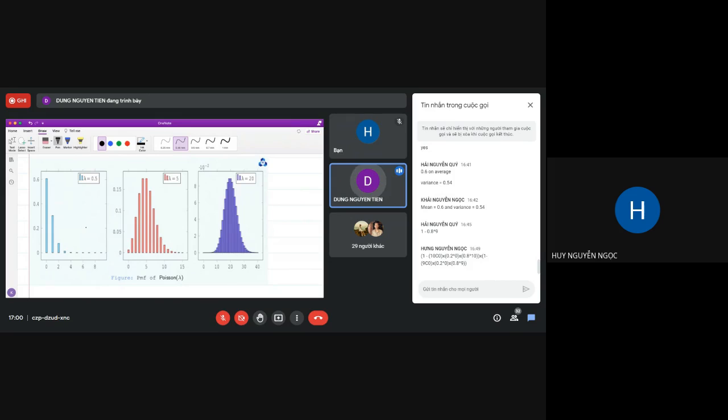We have three distributions here. When lambda equals 0.5, the distribution is heavily skewed. When lambda is 5, the distribution is still skewed but less skewed than the previous one. And when lambda is 20, the distribution is more symmetric. Am I right?